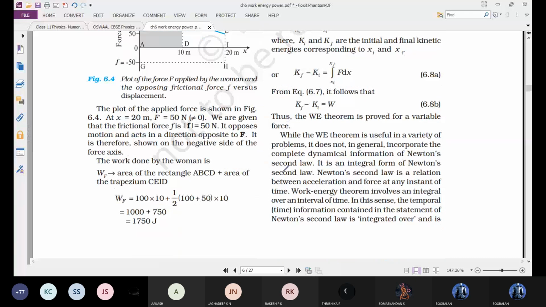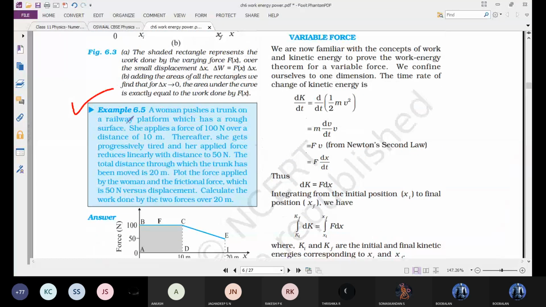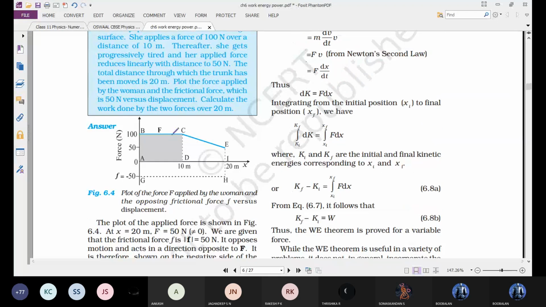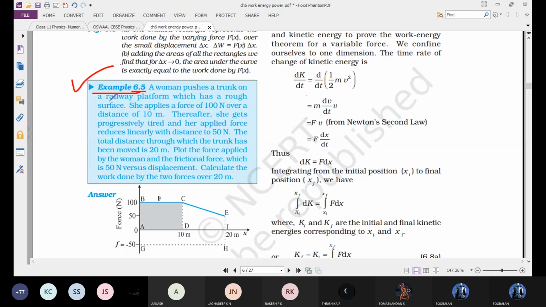Okay. So you can try this problem, example 6.5. Example 6.5. Please note it.